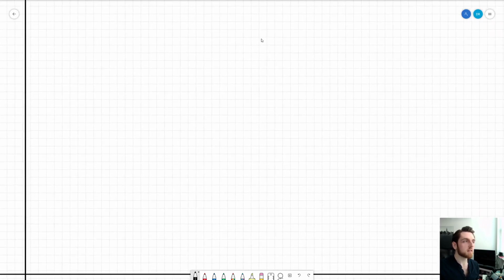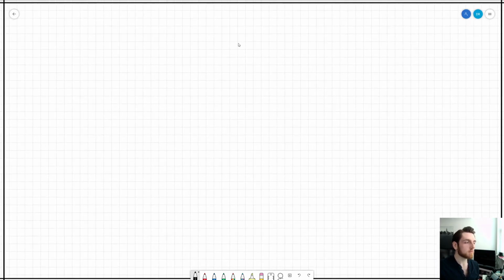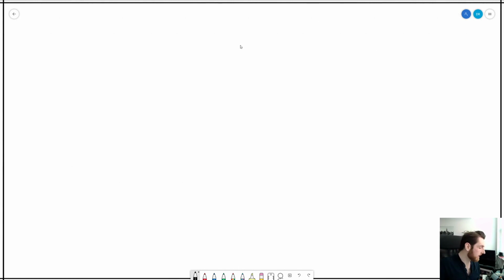So the way that we do this is using a tabular approach, just for simplicity. So that is to say that we have a tabular policy.